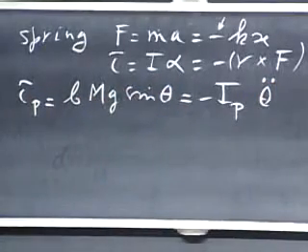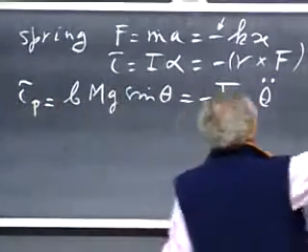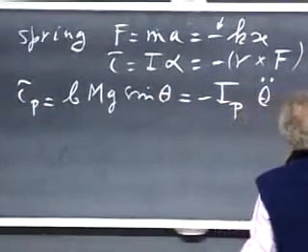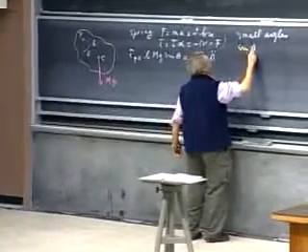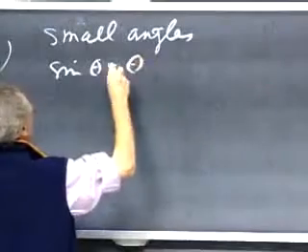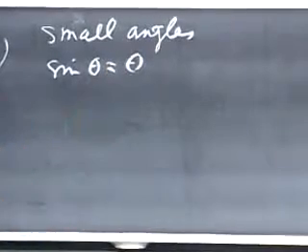I bring them together, and I use the small angle approximation. Small angles, then the sine of theta is approximately theta, if theta is in radians.